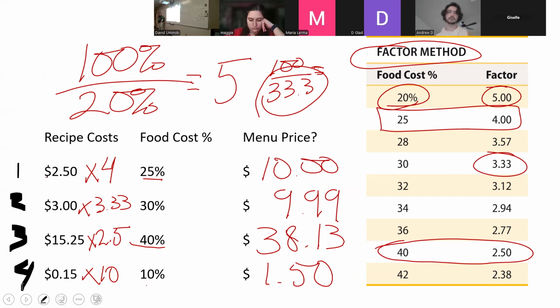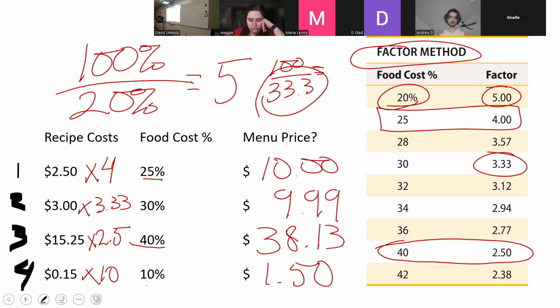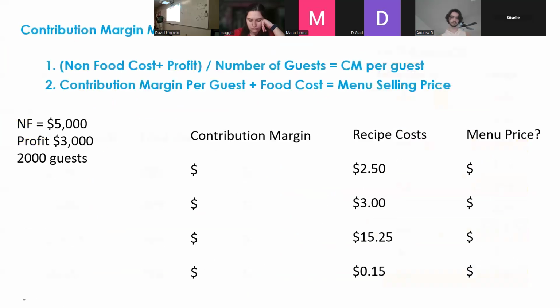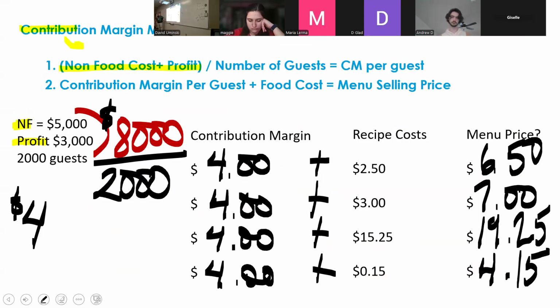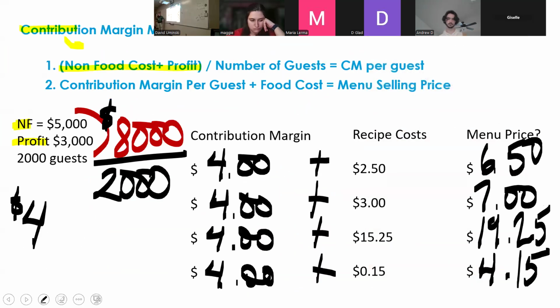Which item has the most drastically different prices? 4. Look at that, $1.50 compared to $4.15.